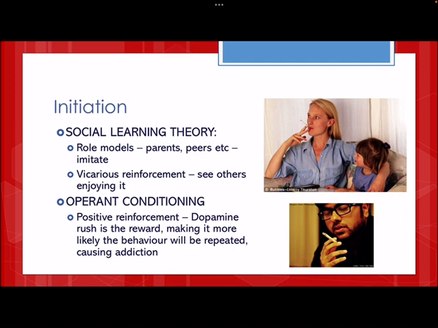So we would have role models such as parents and peers, and we would observe them smoking. If we can see that they are enjoying smoking, that's a positive consequence for the action of smoking, and therefore vicarious reinforcement takes place. We see someone else have a positive consequence, and therefore we're more likely to copy them. So that's how social learning theory explains the start of smoking.